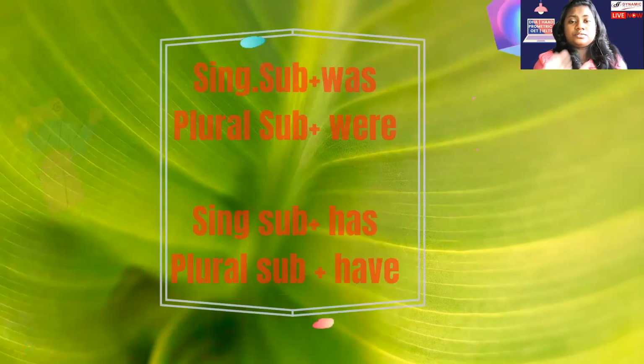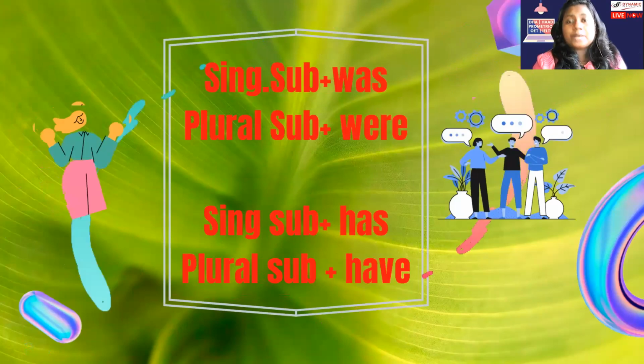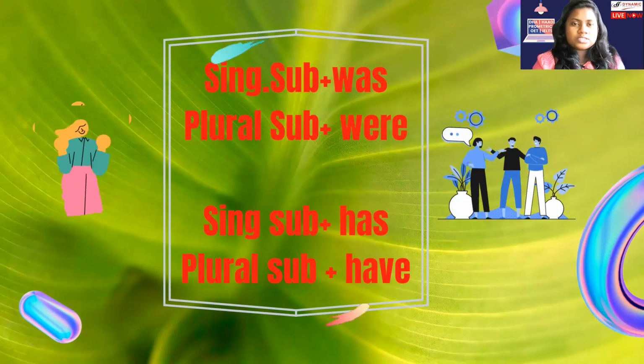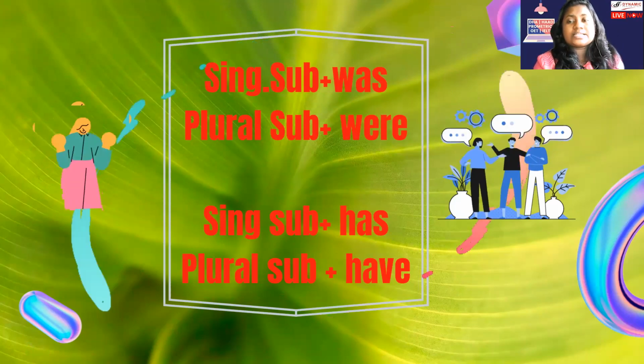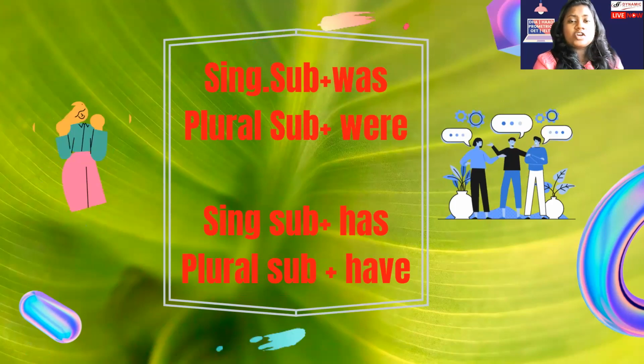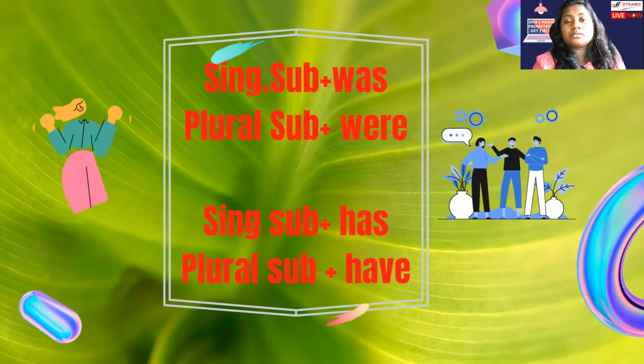So we'll go to some more examples, some more rules. When it comes to past tense, we are going to use auxiliary verbs. Auxiliary verbs are otherwise called helping verbs. Helping verbs are helping or connecting our subject and the main verb. In past tense, we use was or were.